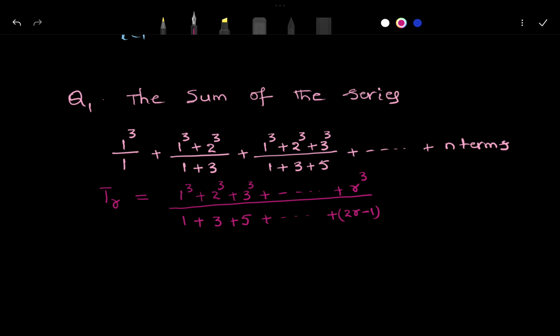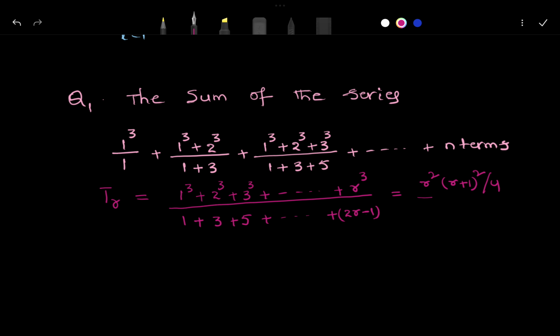Now simplify the numerator and denominator. The numerator is in the form of the sum of the cubes of natural numbers, so we can write the sum of the cubes of r natural numbers as r square into r plus 1 whole square, whole divided by 4.